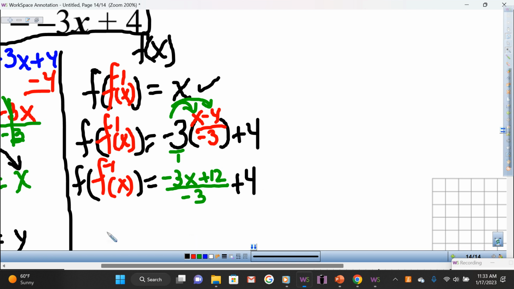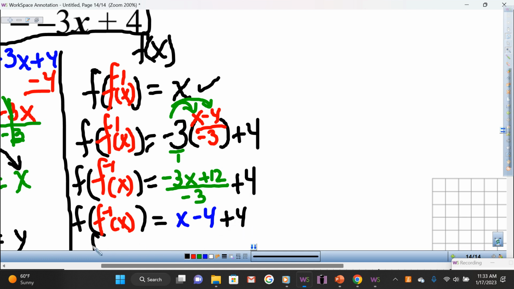Hold on before you copy. F inverse of x. Check this out. What is negative 3x divided by negative 3? 1x. What is 12 divided by negative 3? Negative 4, and I bring down the positive 4.